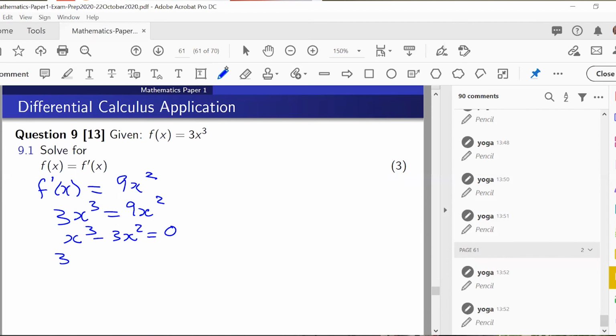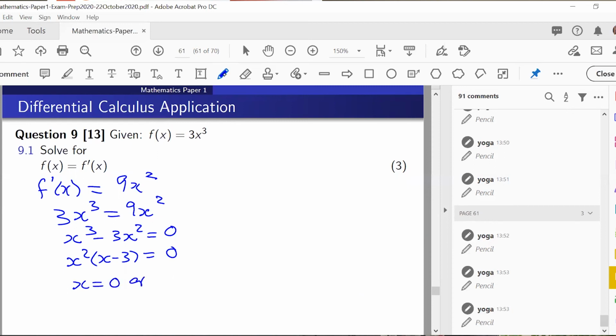Therefore, 3x squared into x minus 3 is 0, which means that x is 0 or x is equal to 3.